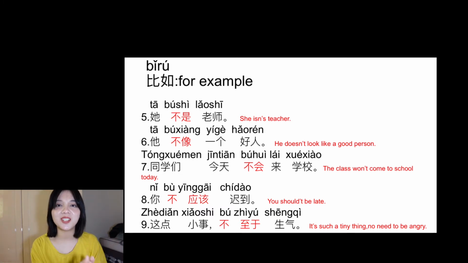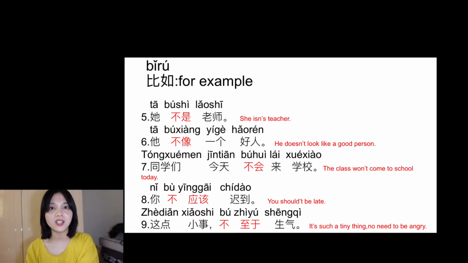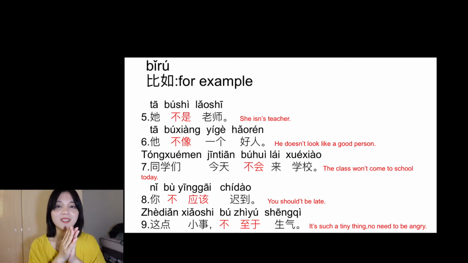Now let's review these sentences again. 他不是老师. Next one. 他不像一个好人. 好人 means good person.